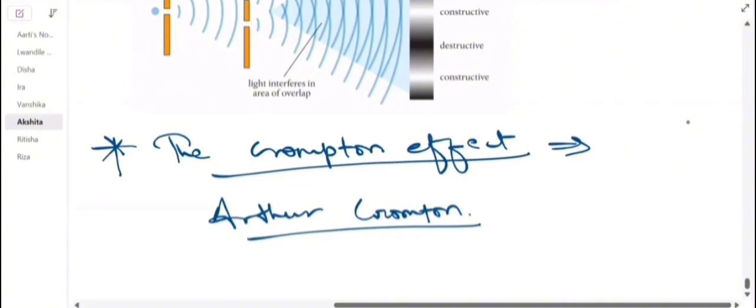What he has given in the Compton effect is that photons also show momentum, because when they collide with the electrons, they conserve their momentum. Kinetic energy and momentum here are conserved basically.